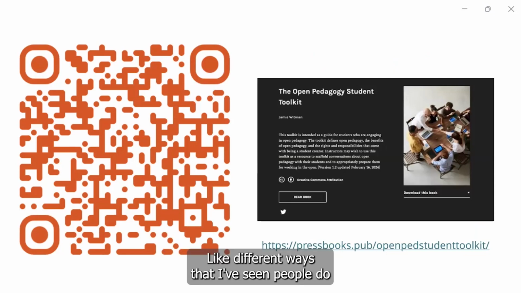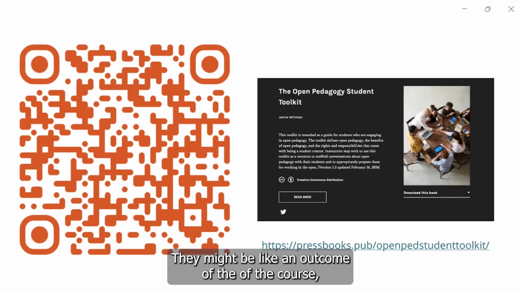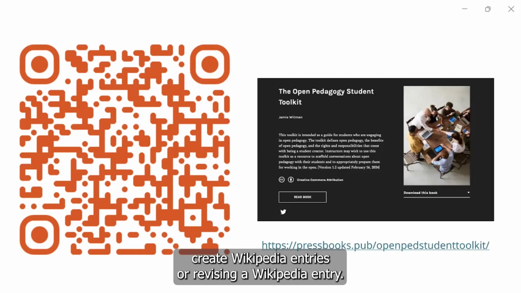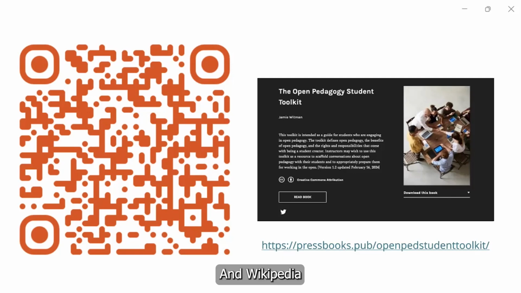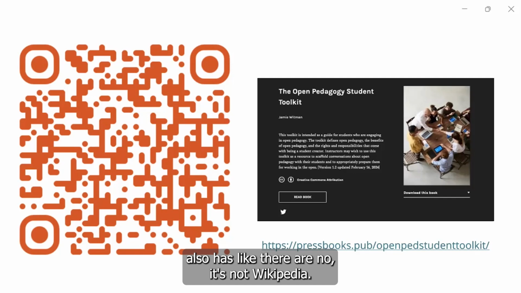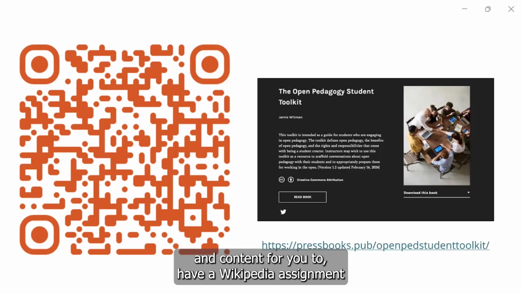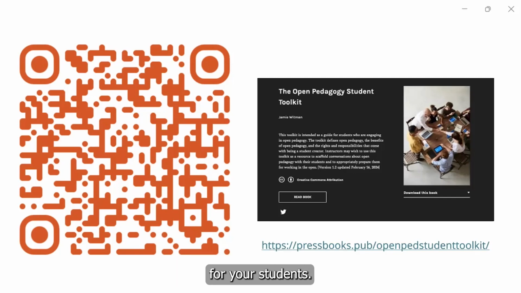Different ways that I've seen people do this: students might help create a textbook, or an outcome of the course might be that a student creates a polished chapter. Other ways I've seen teachers do this are by having students create Wikipedia entries or revise a Wikipedia entry. There's a different organization affiliated with Wikipedia that has lots of help and content for you to have a Wikipedia assignment for your students.